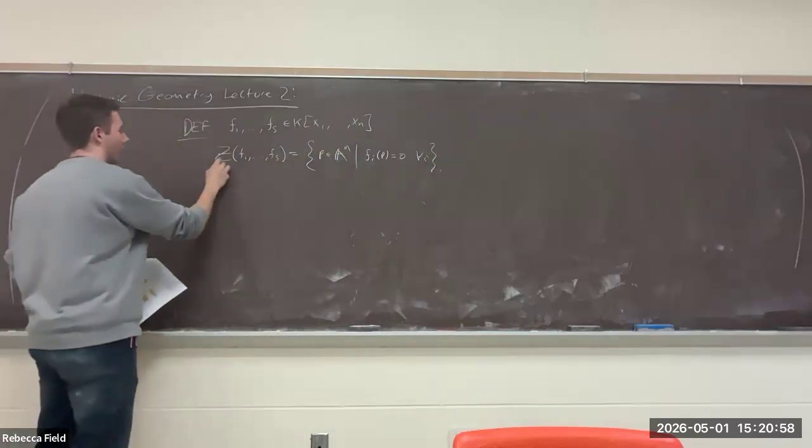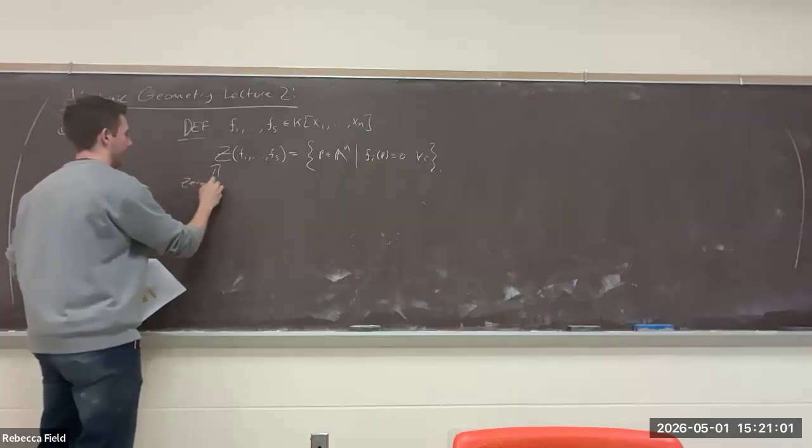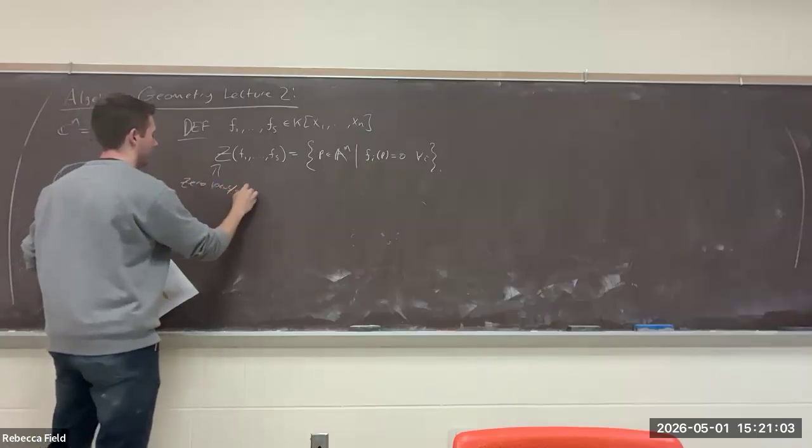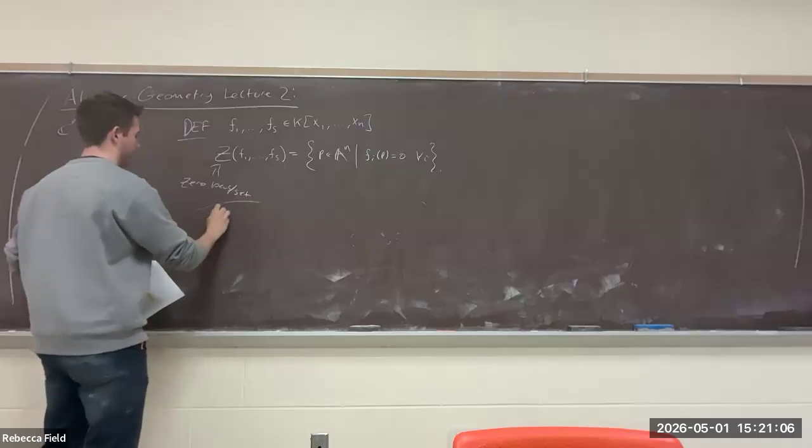So this is called, again, zero locus, zero set, or affine variety.